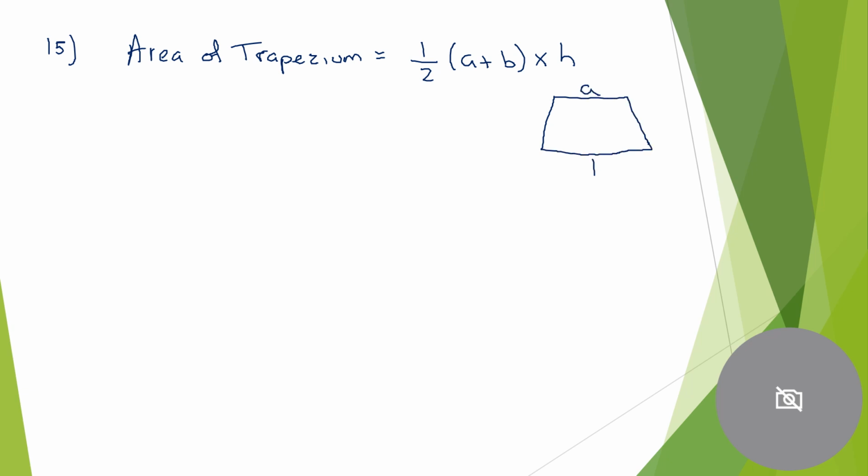So A is the top, B is the bottom, and they show you in that picture that H is the height, okay? They also give you this formula that the volume of a prism is equal to the area, now they call it the cross section, but basically the front, times the depth. So what area is the front of the shape, and then times it by the depth.